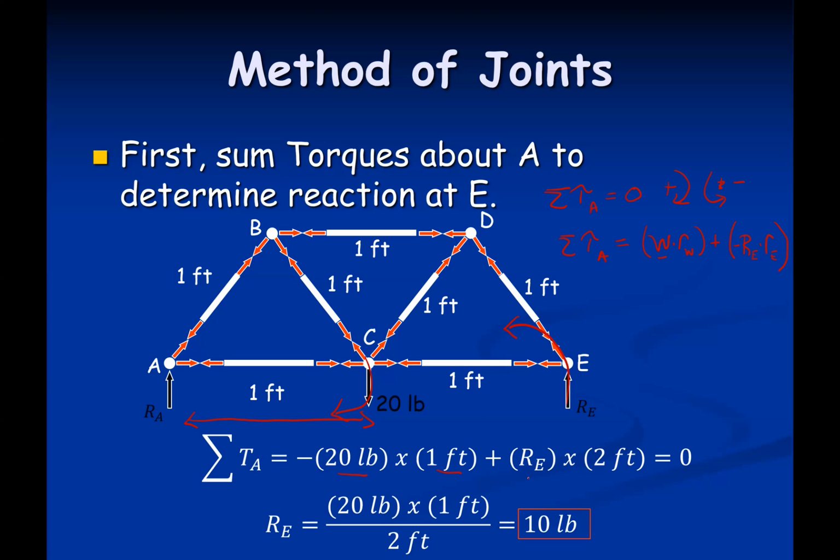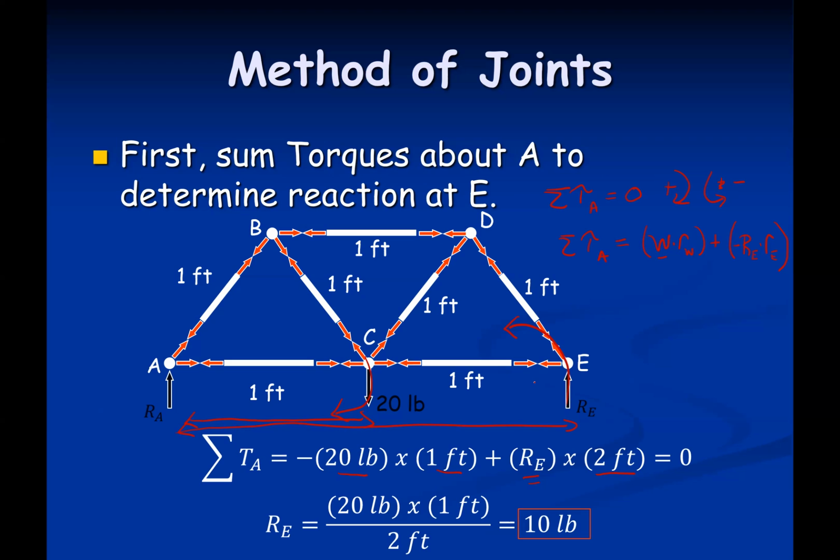Reaction at E we don't know, but it's 2 feet away. They must add up to be 0. So my only unknown here is reaction E. Solving for reaction E, I get 10 pounds, which should make sense.